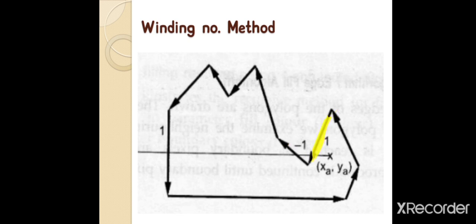Here we are writing a plus because it is a down arrow, and we have given numbers to only the intersection edges, those which get intersected. So here is the point xa ya which we want to determine inside or outside with the winding number method, and here is the point which is sure shot outside.